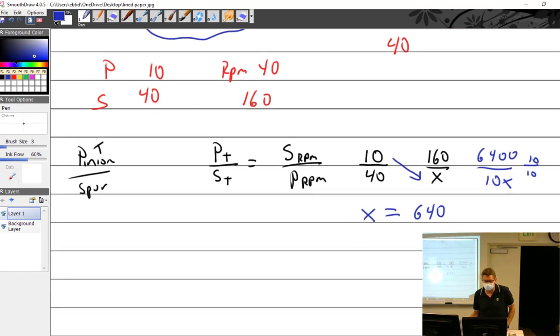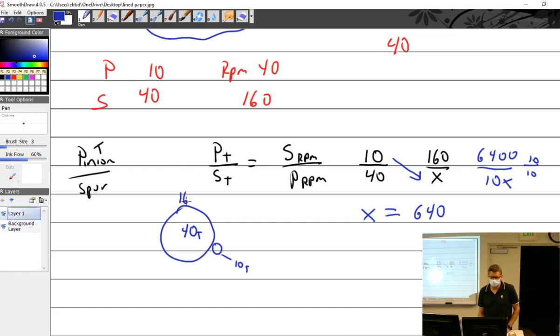So now if I want to draw this out a little bit, I got a, call it the pinion, and we'll call it the spur. We'll do it that way. And we'll say this one is, I was thinking teeth, so 40 teeth versus 10 teeth. And this one is now moving at, what was my RPM?